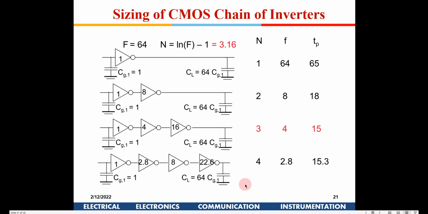Correct. That is one thing, and the second part is that here we have considered that these CL values for each and every stage are different, but actually it will differ because now the smaller guy is driving the bigger guy, so we have not considered that part.